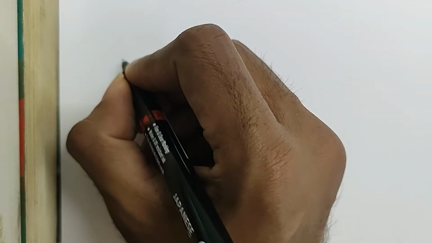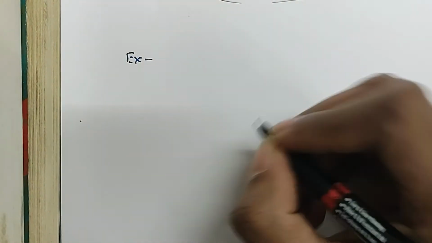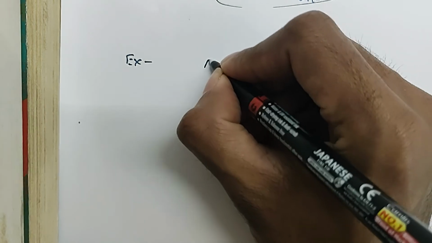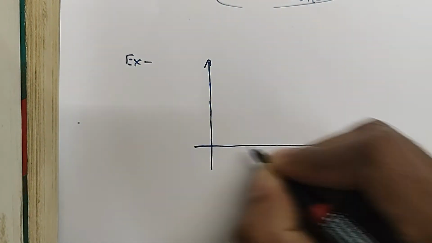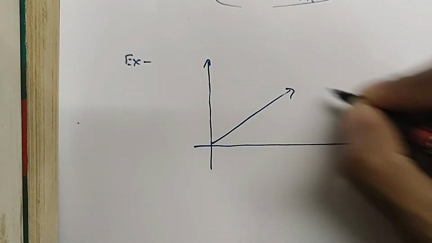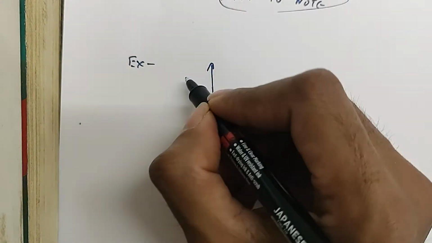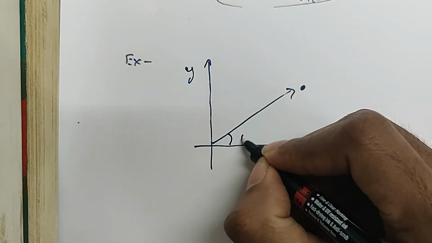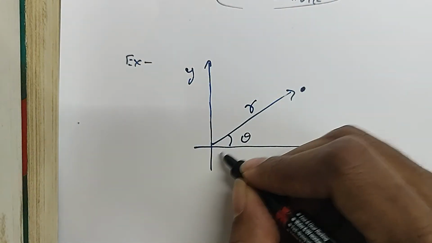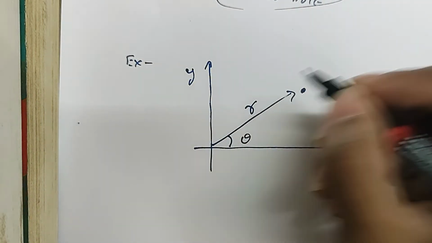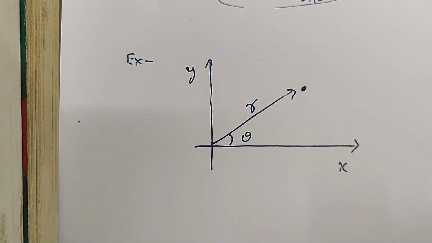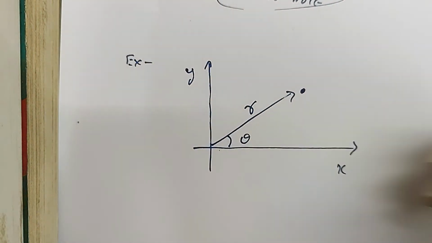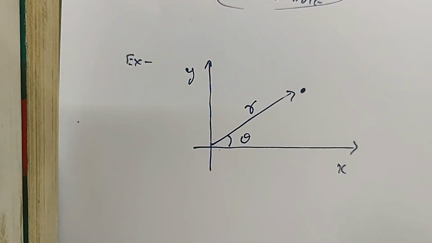So an example is in order, which will be helpful for you. Consider a particle. This is x, this is y, and it makes an angle theta, and it is at a distance r vector, say r, from the origin, and the location of the point is j.